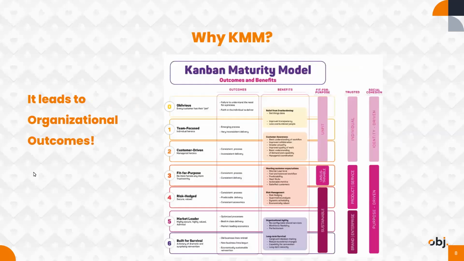And throughout the KMM, we see how we can relate the maturity with the outcomes, with the results that the company has. And we see that companies that have better maturity have better outcomes. So that's the main reason we are looking through this. But we have to understand: how can I get more?